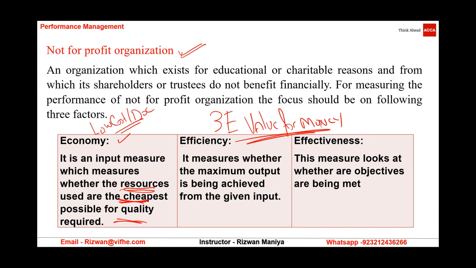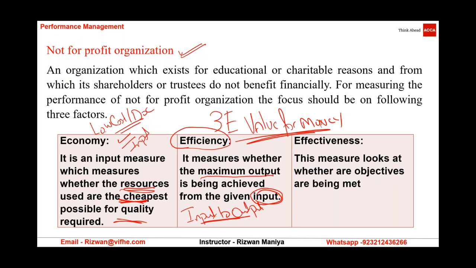Then comes efficiency. What is efficiency? Efficiency is an input to output measure. It says that from your given input, the output should be maximum.